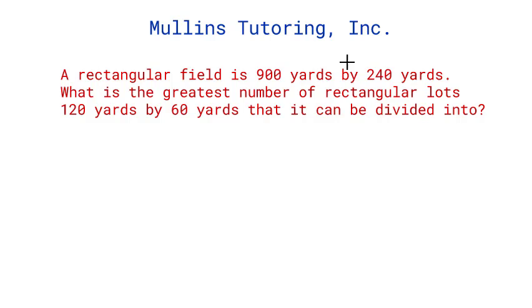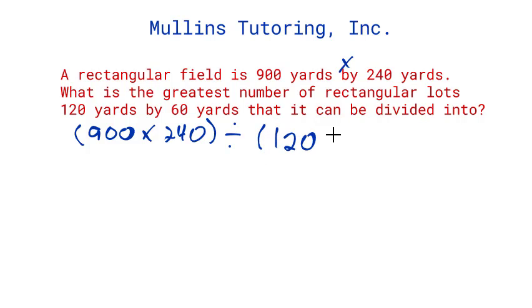So we want to look at this and translate this into an equation. "By" means I'm going to be multiplying. When I put this in equation form, it's going to be 900 yards times 240 yards, divided by, because I want to know how many of these smaller fields can fit into the larger field, 120 yards times 60.